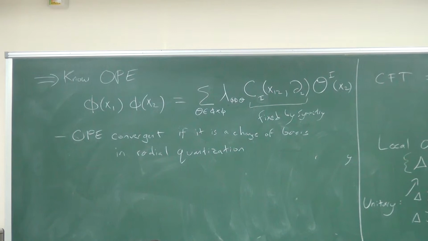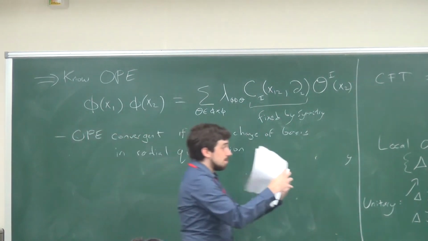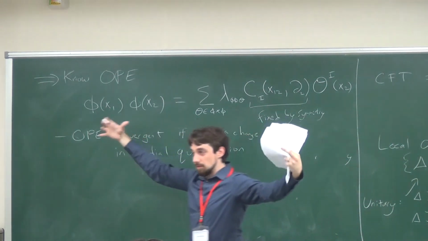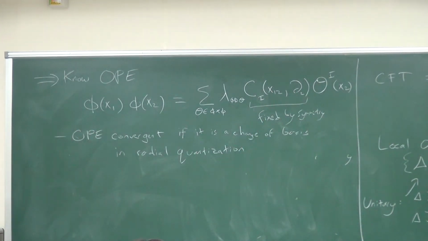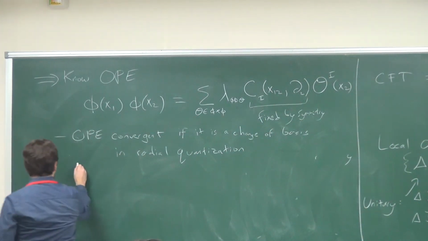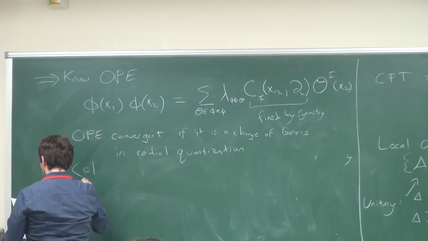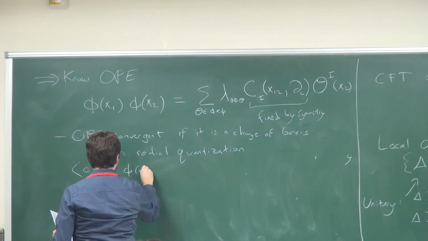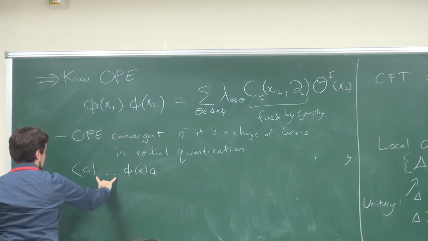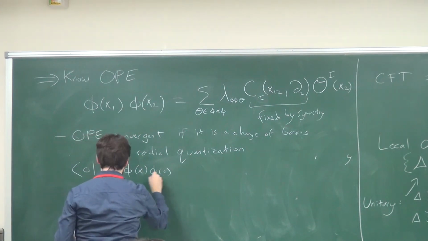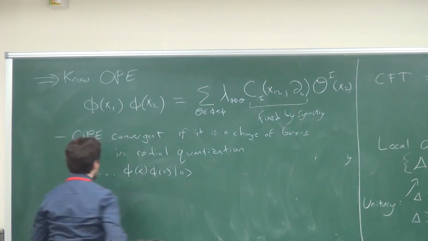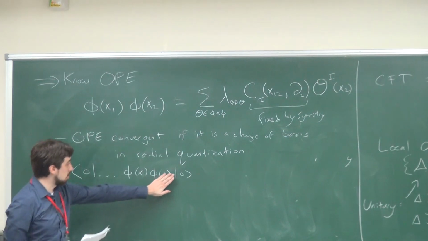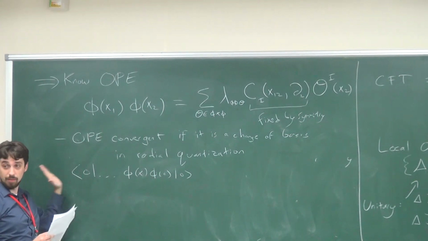This means if I first of all fix an origin and I quantize my theory in terms of successively bigger spheres surrounding that origin, and I write down radially ordered correlation functions. So phi of x, some number of insertions, phi of x, phi of 0, vacuum, where I'm putting the things closest to the origin on the right and things furthest from the origin on the left.